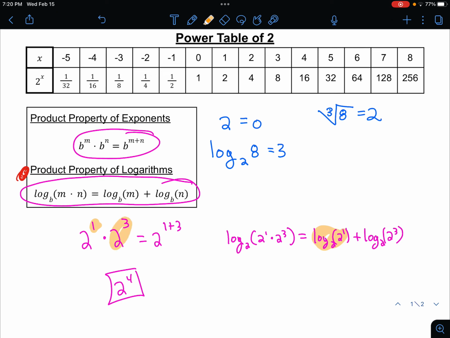This just represents the exponent 3, right? 3 multiplications of 2 versus 1 multiplication of 2. But if we do this all together, well, in here we've got log base 2 of 2 to the 1 plus 3, or 4 multiplications of 2. And so this whole thing just represents a 4, or 2 to the 4th power. Okay, so hopefully that was a little bit helpful, and hope you enjoyed the video.